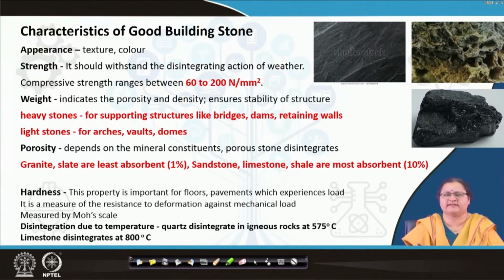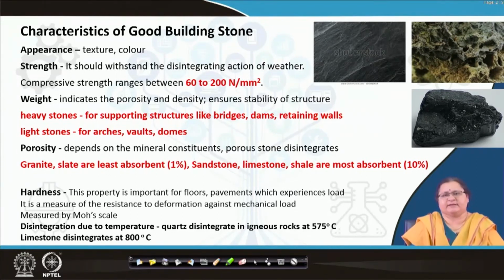So, soft stones, if you keep on walking over soft stones for a long time, it will wither out just because of frictional force. So, hardness is important when we are recommending stones for some purpose.